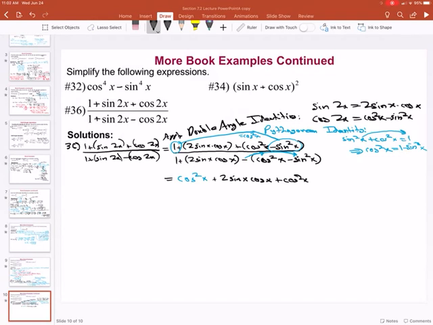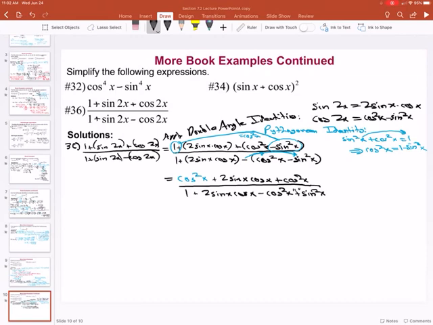And then in the denominator, let's go ahead and distribute our minus sign. So we have 1 plus 2 sine x cosine x minus cosine squared x, and then plus sine squared x. That's important. You have to distribute that minus sign through, so it becomes a plus here. Keep that in mind.